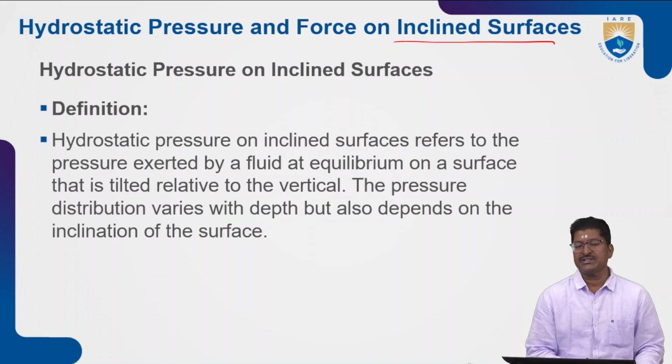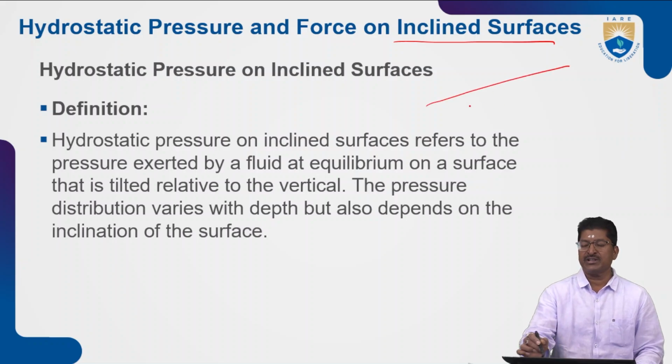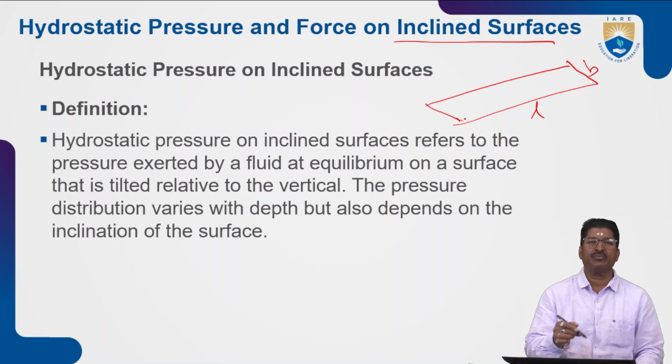This topic is related to the inclined surface. A surface is nothing but a sheet, which has length and width or height. If you submerge these surfaces into a fluid, there are three types.